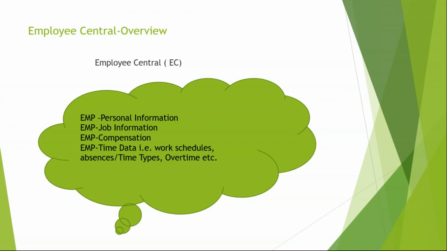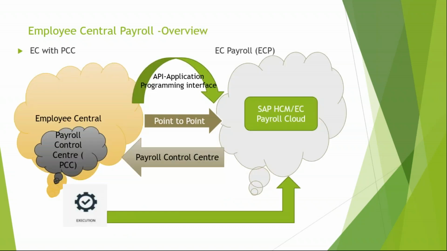To avoid this, SAP brings a new concept called ECP, Employee Central Payroll, which is a cloud version of your SAP payroll engine. This is the background. So the functionality, the execution process, everything we perform in SAP HCM remains the same.